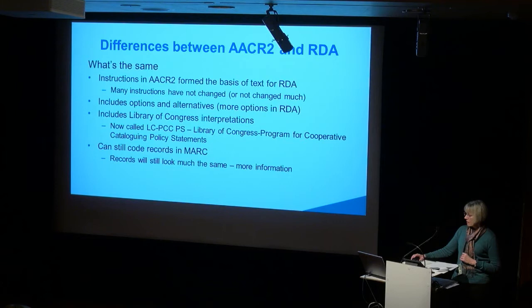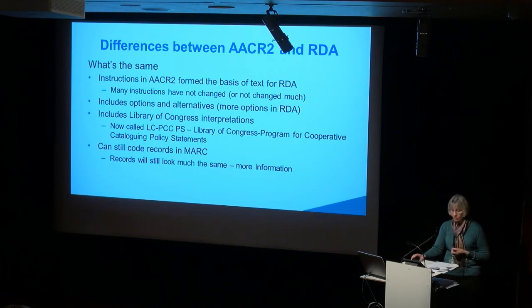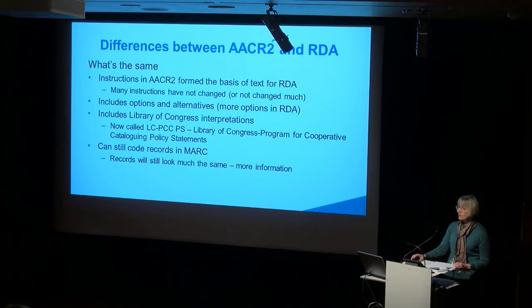With RDA, now we also have access to the National Library of Australia policy statements as well. And we can still code records in MARC, so our records will still look much the same. But generally, if you do a record as a full RDA record, you'll have a lot more information there. And one of the fundamentals of developing RDA was so that they could coexist with AACR2 records.